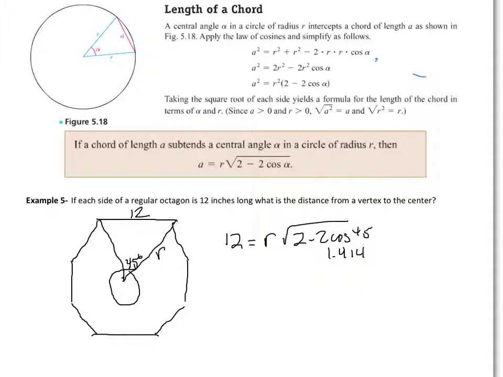Subtract that, take the square root of it, and then divide 12 by it. And we get R is 15, what was it, 15.7? Okay, and there we go. And that is in inches, so make sure that you write that correctly.